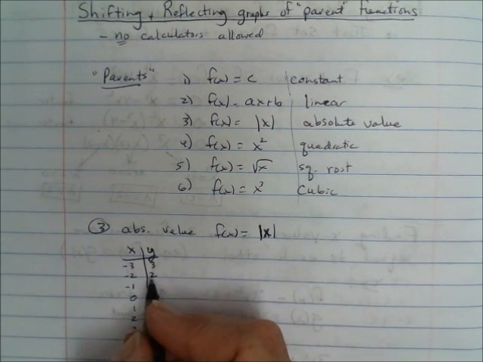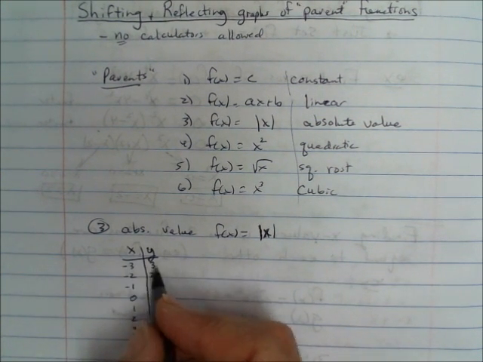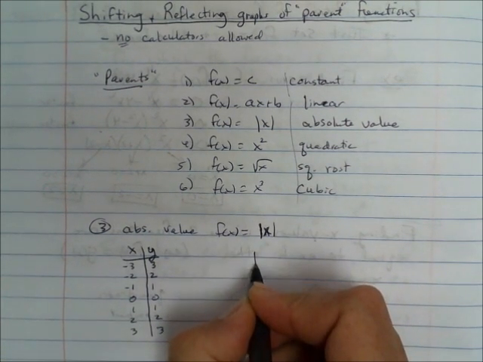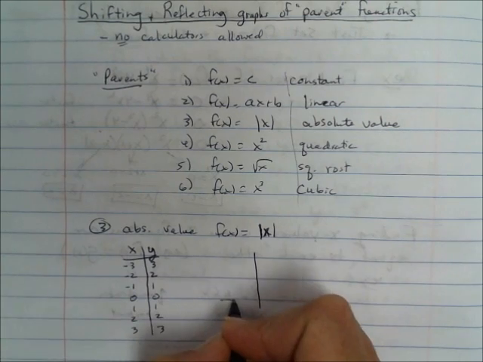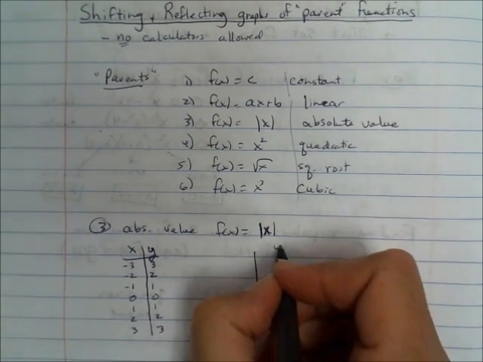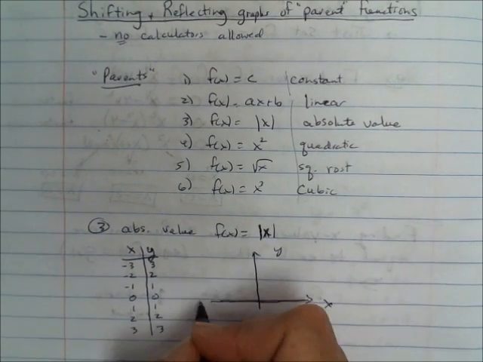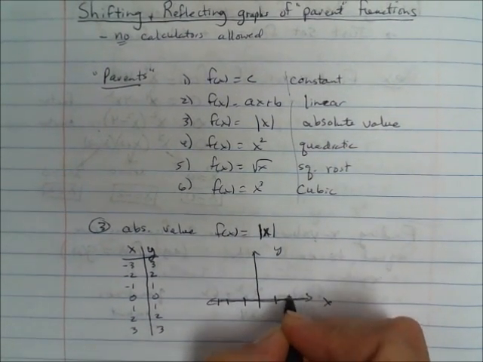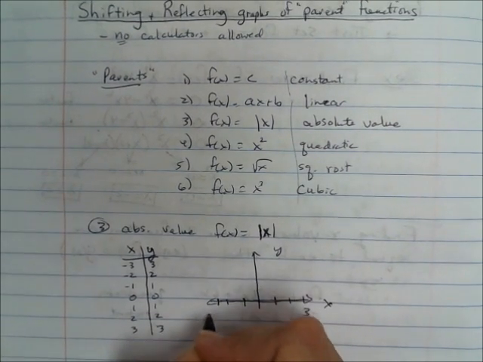So here are our x, y values, and if we wanted to put those in point form and then graph these, here would be the graph of an absolute value function. Label our x and y axes. We go back to -3 on our x-axis and out to +3.